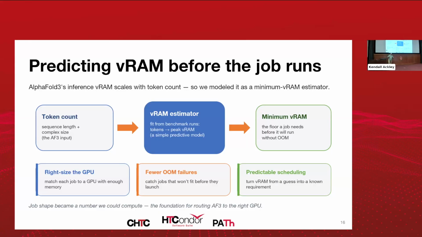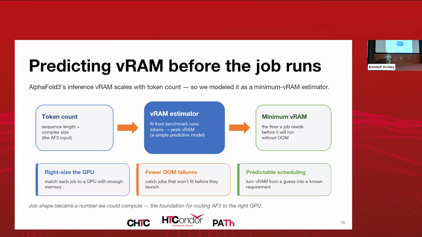And throughout this process, we were able to establish with simple linear regression an idea of, all right, if you have 5,000 amino acids, you're going to need at least this much GPU memory. This was able to help us understand what types of GPUs could support what workflows or what size of workflow.